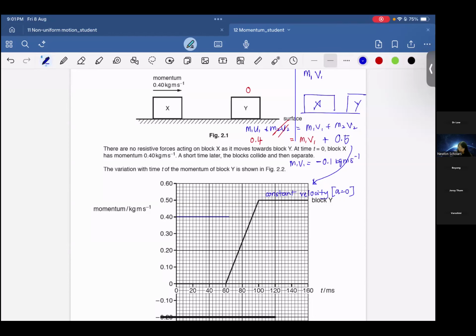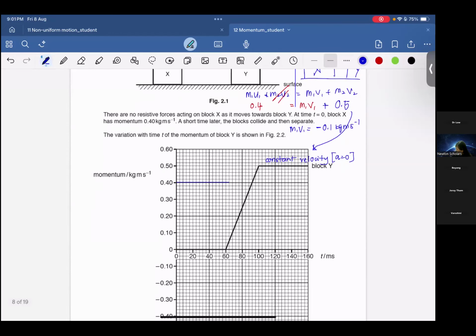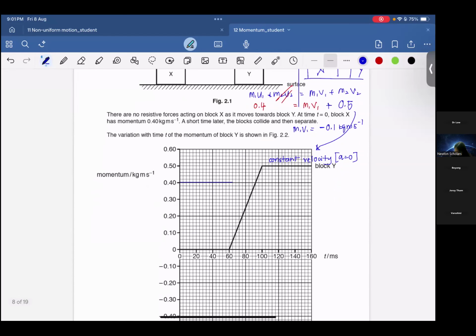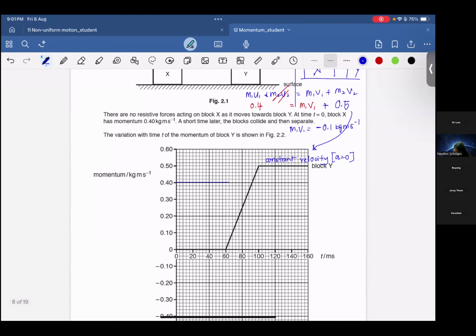So that means after collision, it should be negative 0.1 at 100 milliseconds. Here, it should be maintained after collision. So we combine these two lines. Okay, this should be block X.